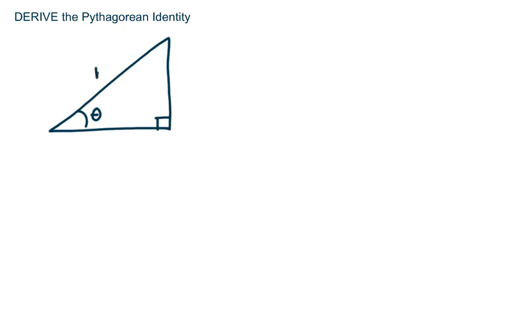I have my hypotenuse, which we are starting to call r instead of h, but any variable works. And then a horizontal side, I'll call that x, and a vertical side, I'll call that y. So setting this up, let's start with the Pythagorean theorem, which is x squared plus y squared equals r squared.